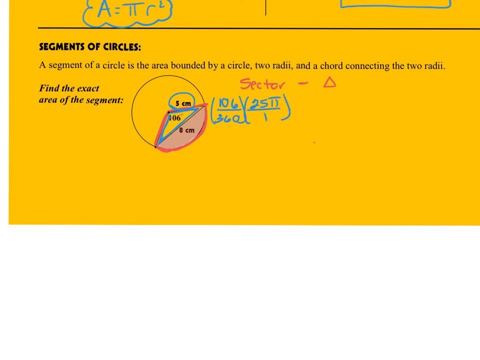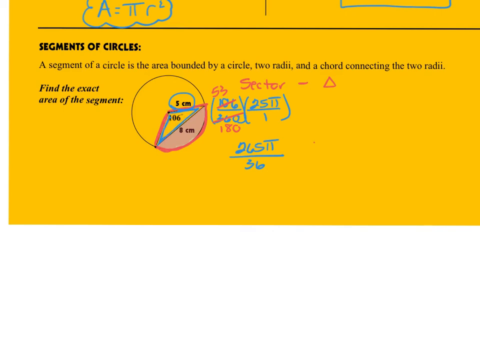Okay, now when I go through and I reduce all this, I could reduce this down to a 53 and a nice 180. I can keep reducing, and I will eventually get my area for my sector down to, kind of ugly looking here, 265 pi over 36.